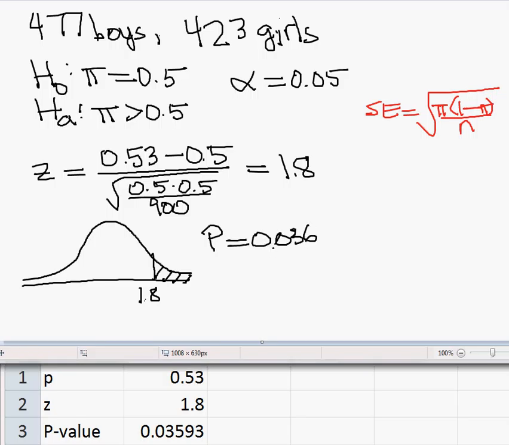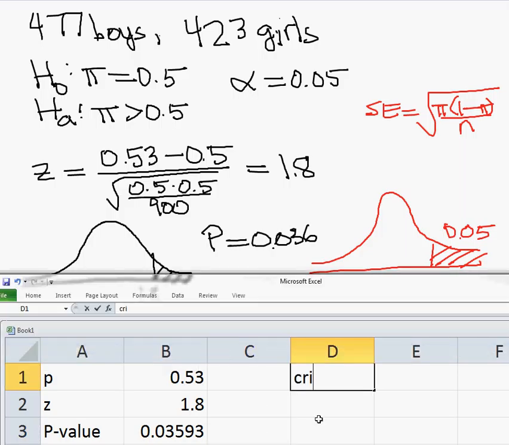The other way that this problem could be done is by finding the critical value, which I'll do over here in red, which means we find the number so that the area that's shaded is equal to 0.05.